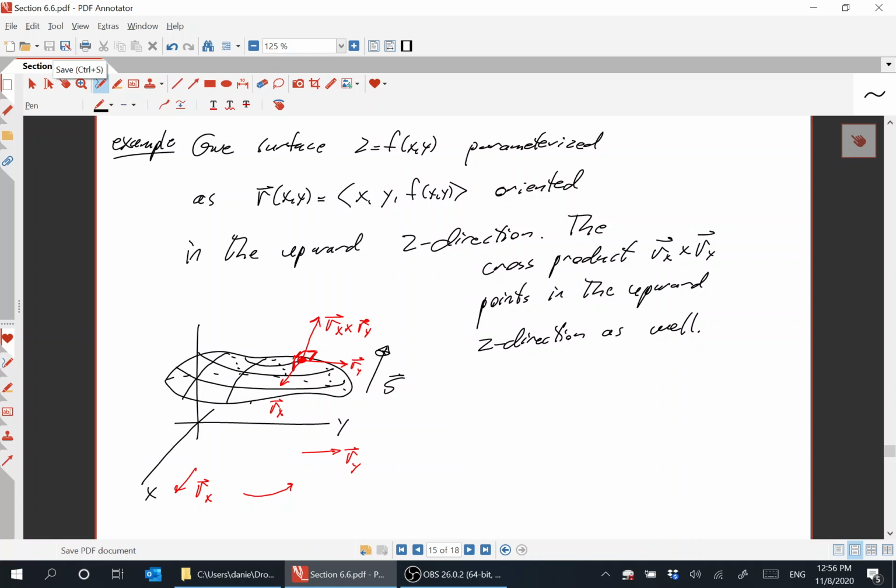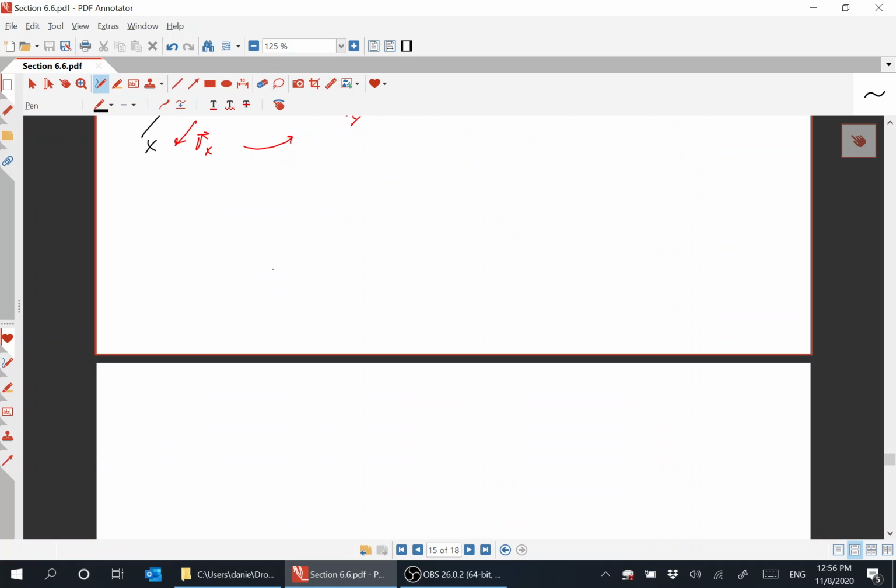All right, so to isolate the component of the force vector field, the vector field F that is perpendicular to S, you want to take a dot product. But you don't want that dot product to be affected by the size of the cross product. So then you take what's known as the unit normal vector.